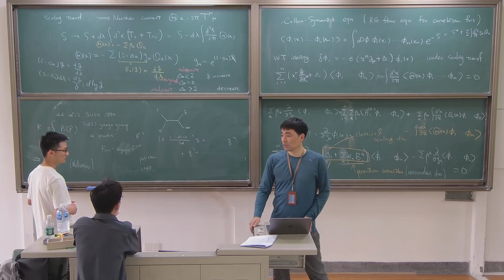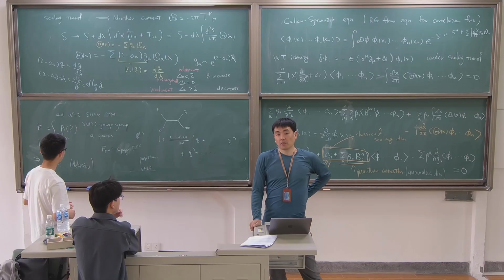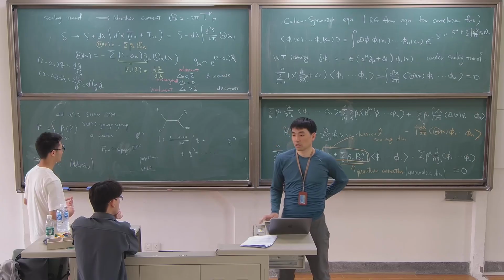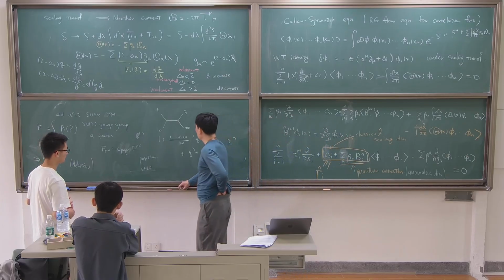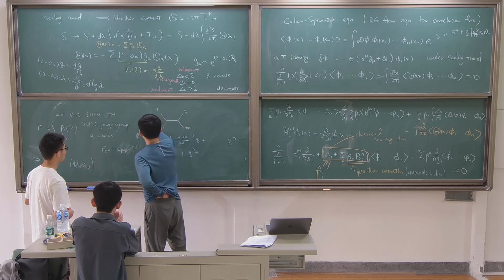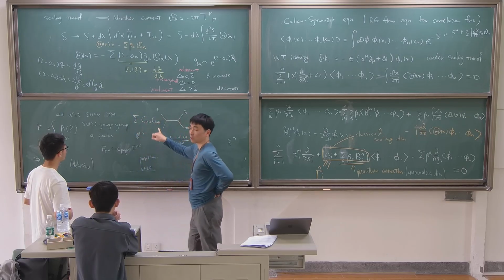Why for the AGT correspondence must it be Liouville theory? The one loop determinant depends on the 2D theory. To compute the correlation function you need to include the structure constant, the three-point structure constant.